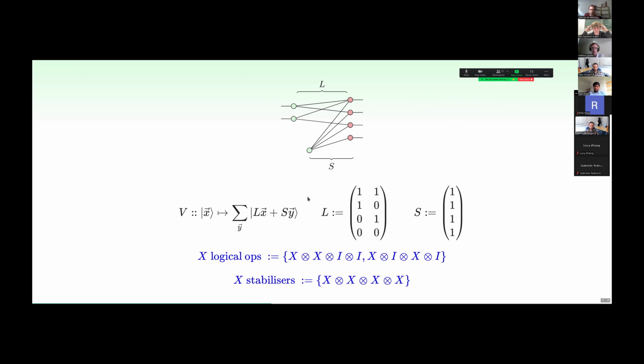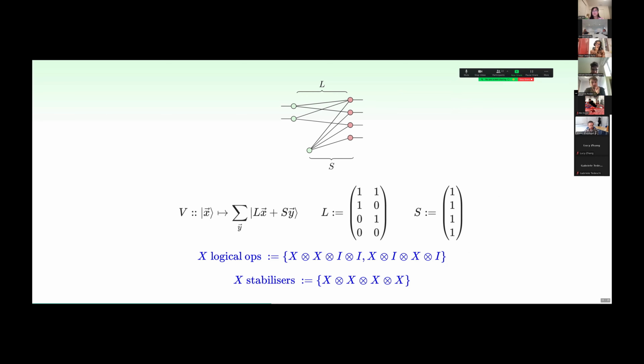But to put it in more basic terms, I can write the adjacency matrix here as L, so the thing connected to the inputs, and the thing not connected to the inputs is S. The columns of L tell me my logical X operators. The columns of S tell me my stabilizers. Okay, so in general, I could have lots of columns here, and that would give me the stabilizers of my code. Okay, so I can read that straight off the diagram, which is quite convenient.